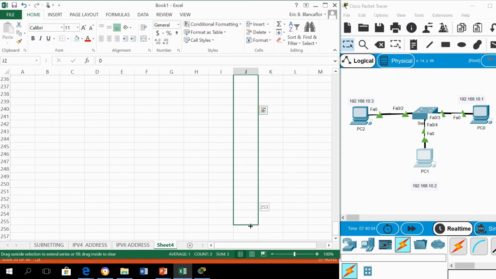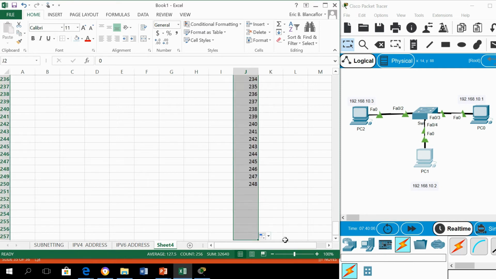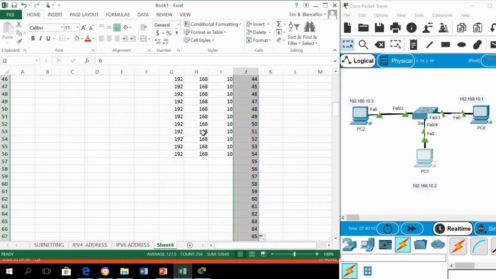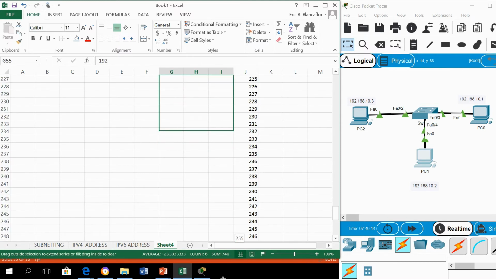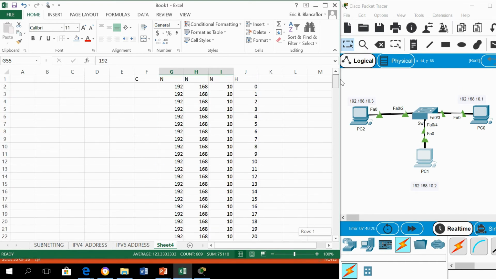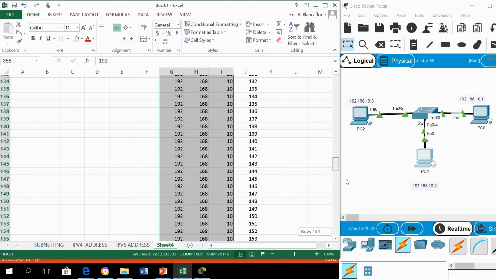So in a class C, these are the only IP addresses that we have, around 256 IP addresses in a given network.